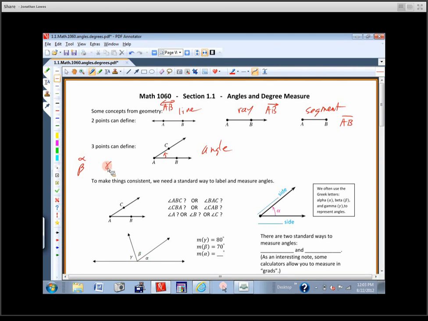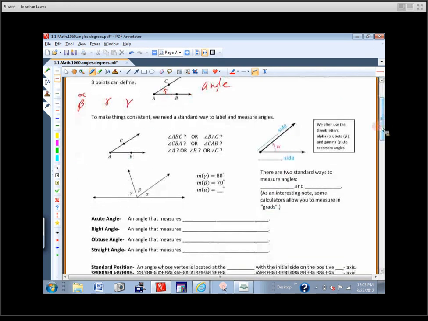This isn't what the book makes it look like, but that's my gamma. So this is a fish pointed sideways, and this is a fish pointing down, and that just looks like a funny looking B. That's what mine look like, but this is alpha, beta, and gamma. And you'll see those in the textbook. I think the one in the textbook looks kind of like that. That's a little bit better. But anyway, we're going to talk about how we can label these because we want to make things consistent.